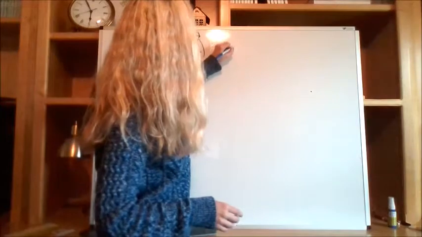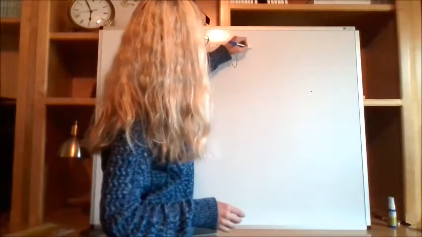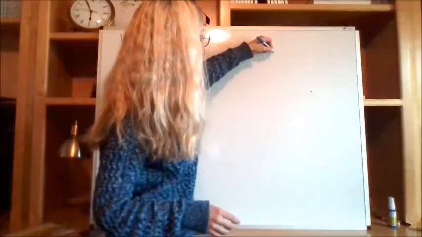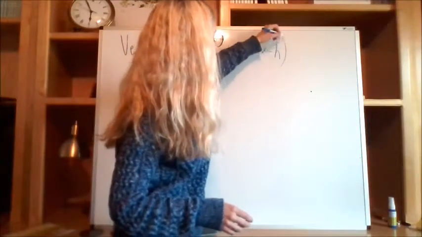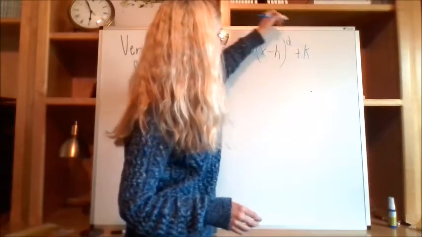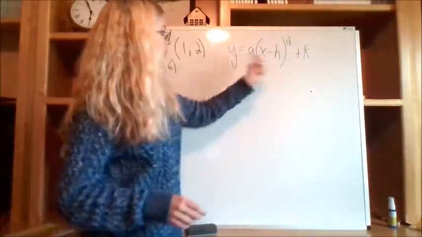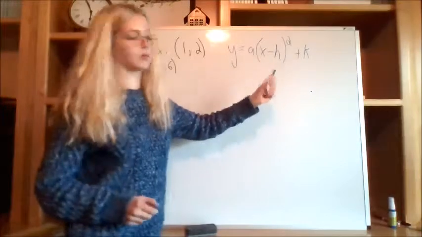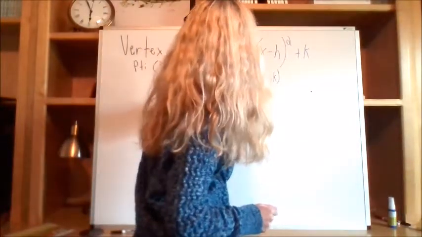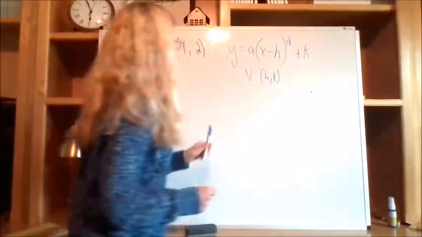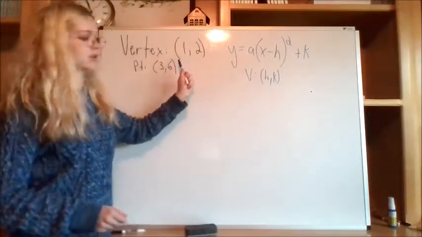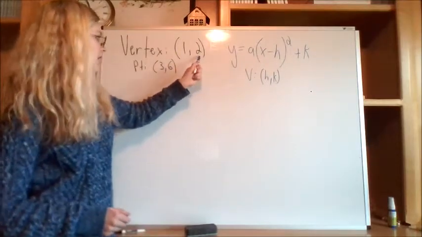So this equation is y equals a times the quantity x minus h squared plus k. Here, the vertex of the parabola is (h, k). In our case, however, the vertex is (1, 2).